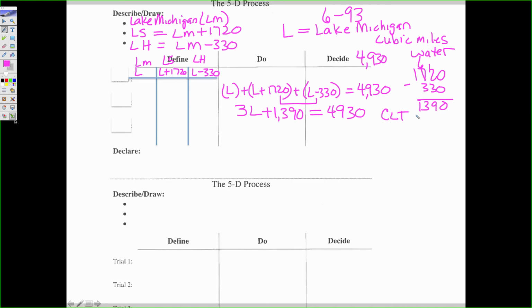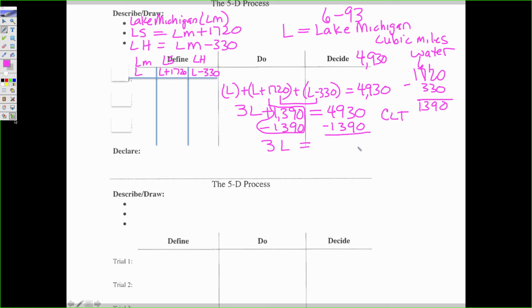Now I'm going to try and simplify a little further. I'd like to have mat A just have a plain L, so L equals something, and I know what Lake Michigan is. If I subtract the 1,390 from both sides, remember we have to do this to both sides, plus 1,390 minus 1,390 is 0. So on mat A, I just have 3L.